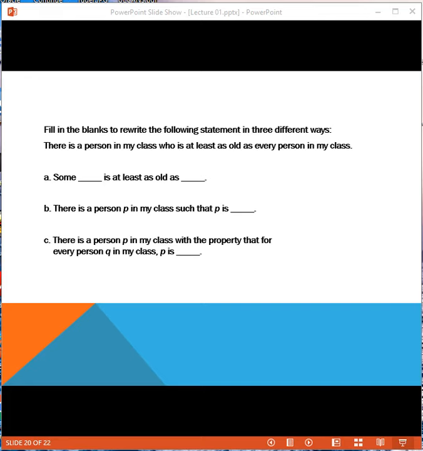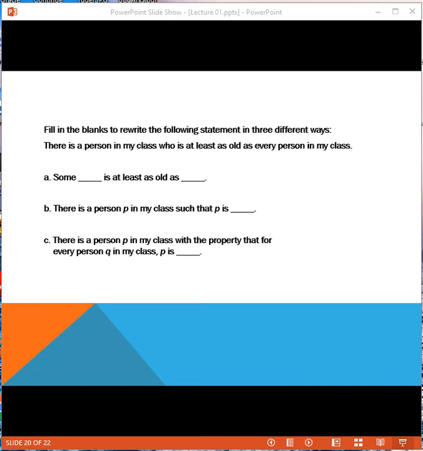Another way we could rephrase that is: there is a person P in my class such that P is at least as old as every person in my class. So there is a is the same as some, or it's also the same as there exists. In other words, there's at least one or more.